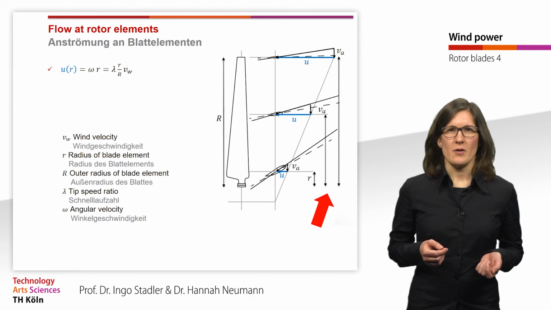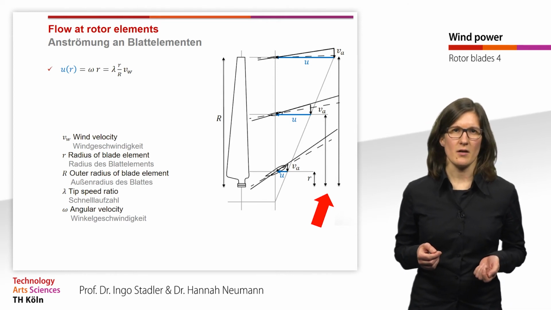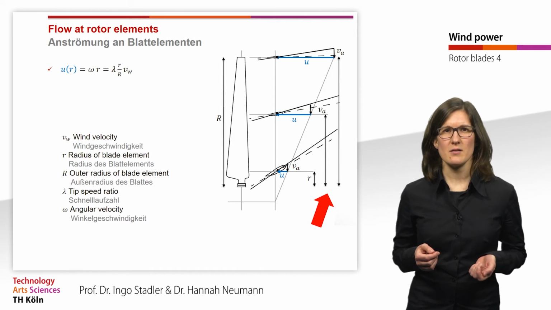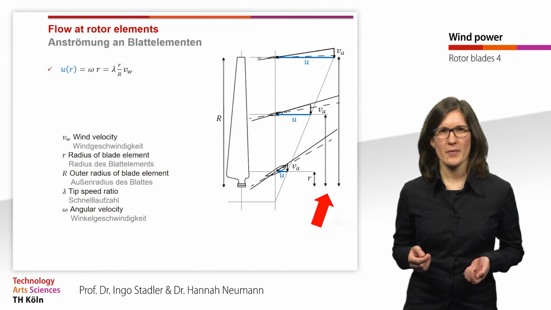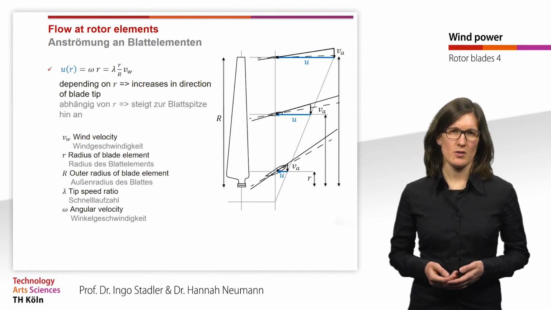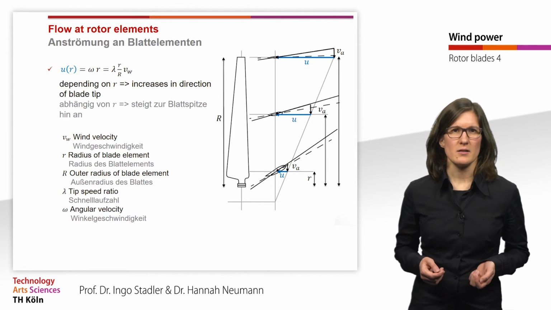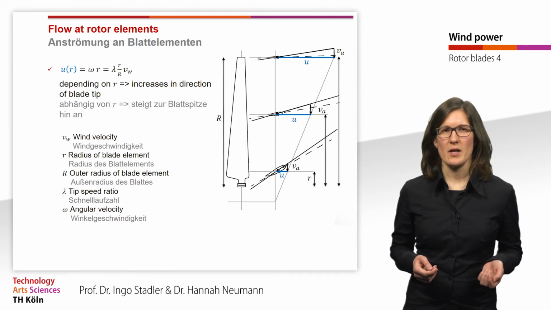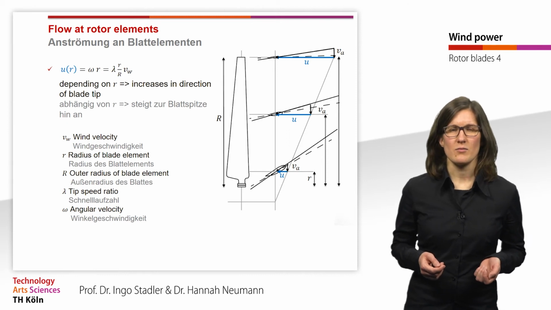And you can see the radius r here in the picture. And the radius r is the distance from the center of the rotor to the corresponding blade element. The circumferential velocity U depends on the rotor radius r and thus increases towards the blade tip. And you can see this when looking at the lengths of the blue vectors.